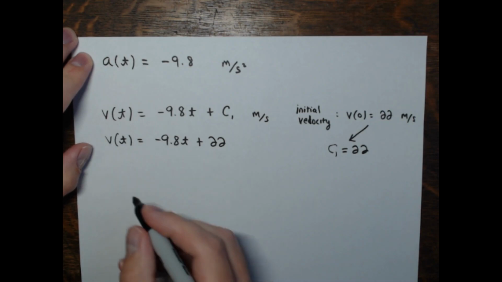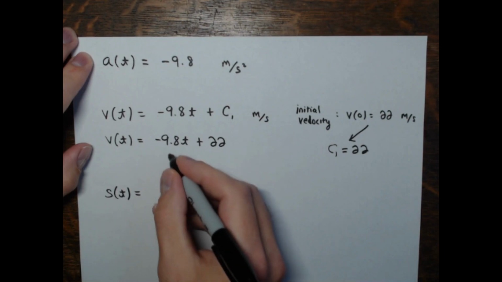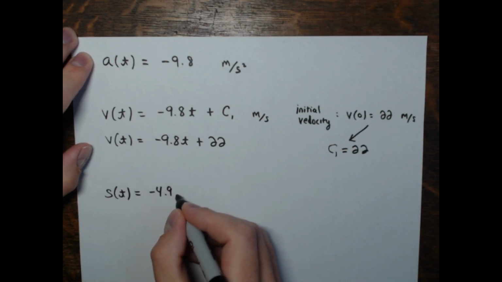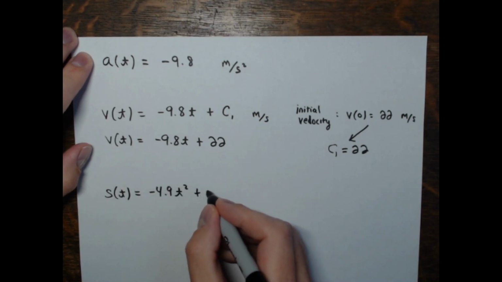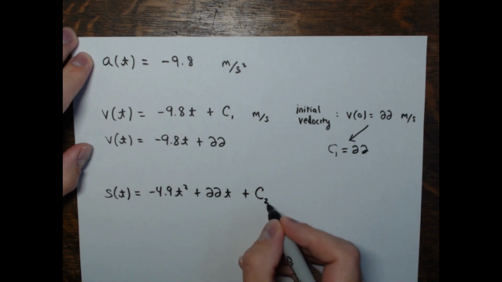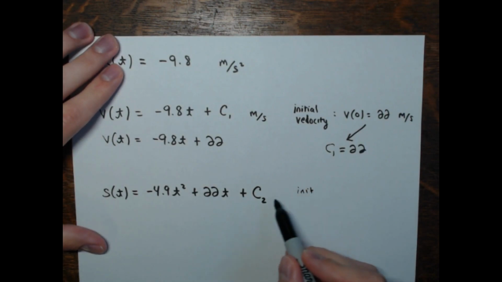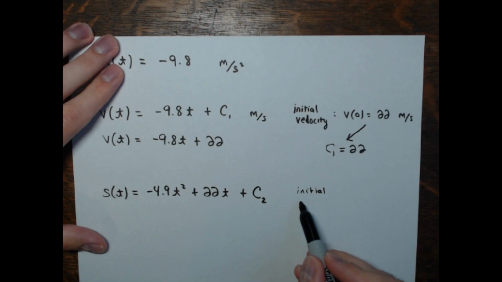And then to get position, I integrate one more time, right? So s of t would be negative 4.9 t squared plus 22t, and then plus some other constant, right? I'll say c2. And we're given an initial position to help me find this c2.